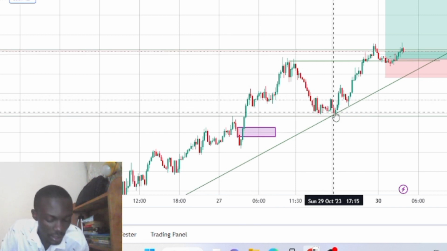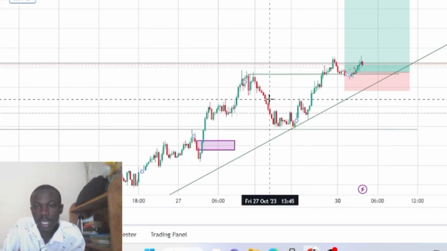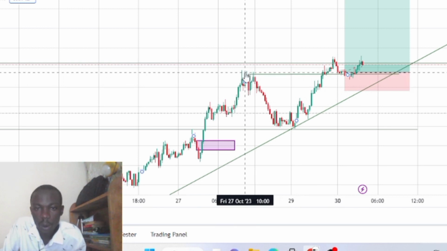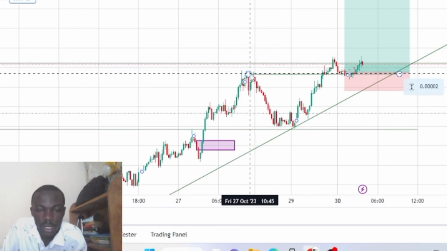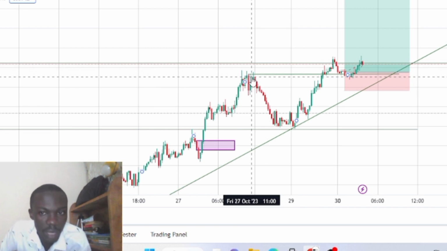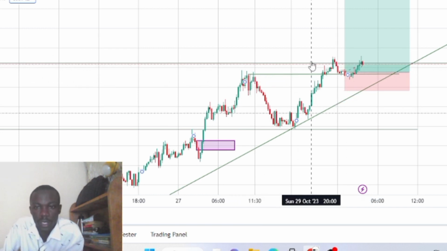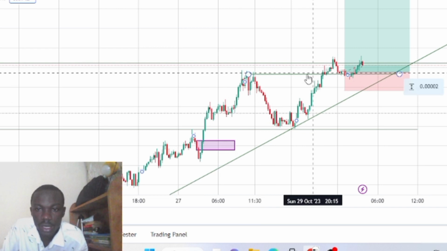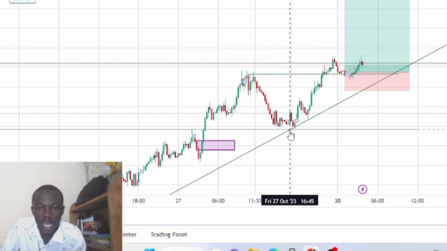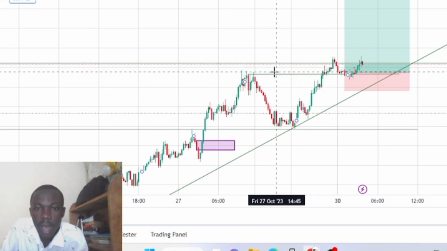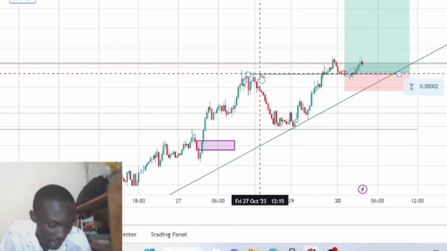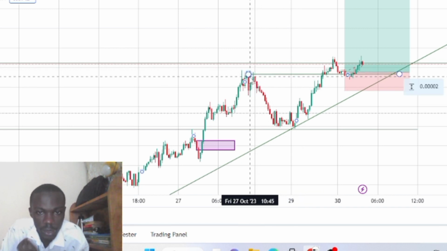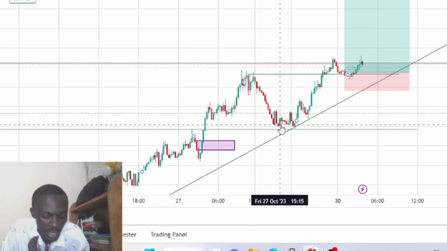I took a trade yesterday over here, but for this particular trade, we were waiting. Once it rejected, this became the last high, the previous high. So this was our previous high and this was the low. When price came and broke this area, this line you are seeing here was acting as a resistance for the price, because when price reached here, it rejected and came down.